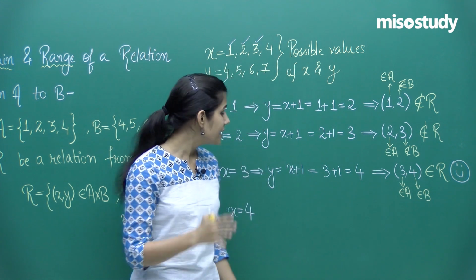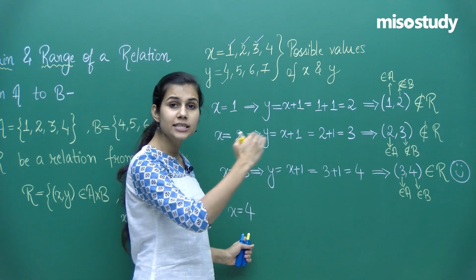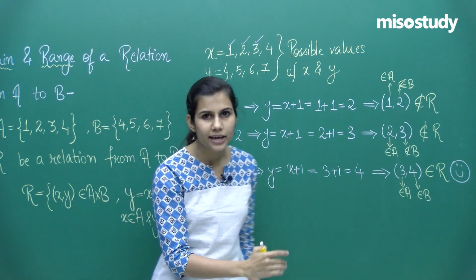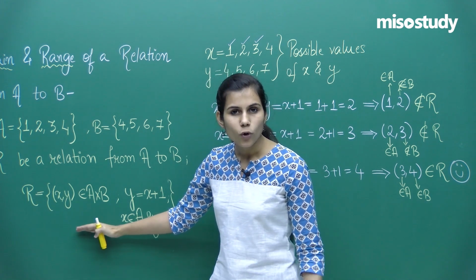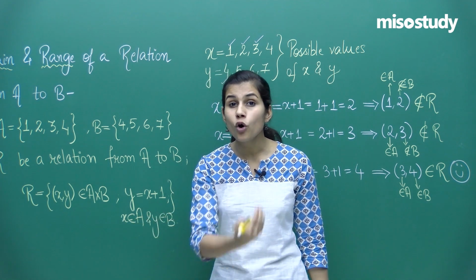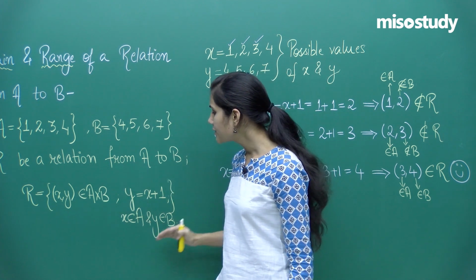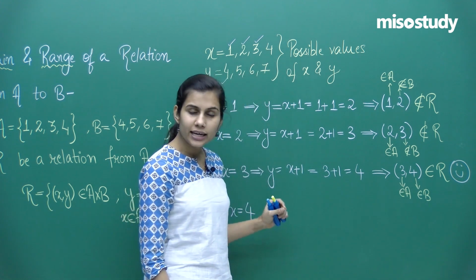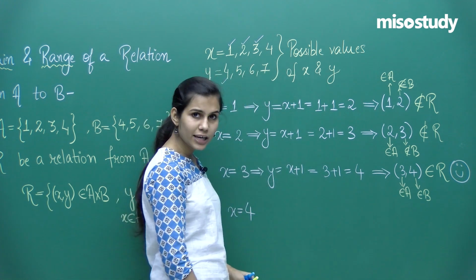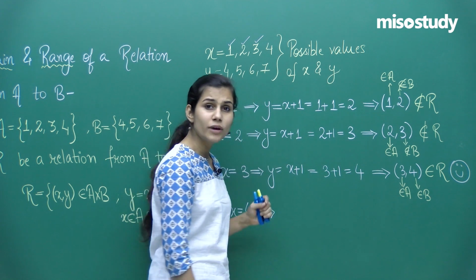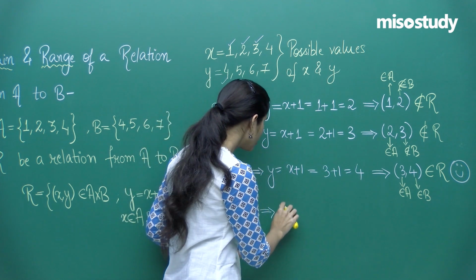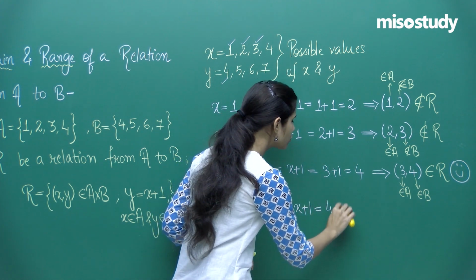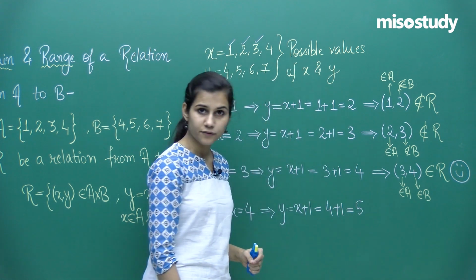The question is, corresponding to 4, there exists a y in B such that the 4 comma y ordered pair sits in the set R, which can only happen if that ordered pair satisfies both these conditions. So, as we were proceeding, let's proceed the same way. If x is equal to 4 and y is equal to x plus 1, this means your y in this particular case happens to be 4 plus 1, which makes it a 5.